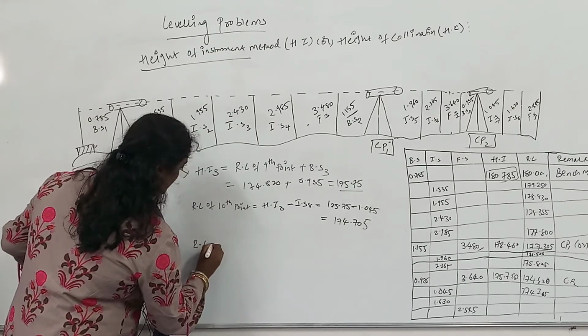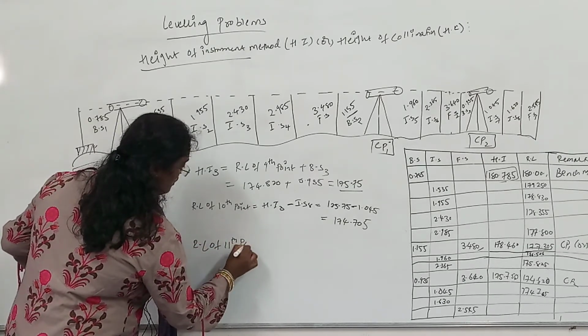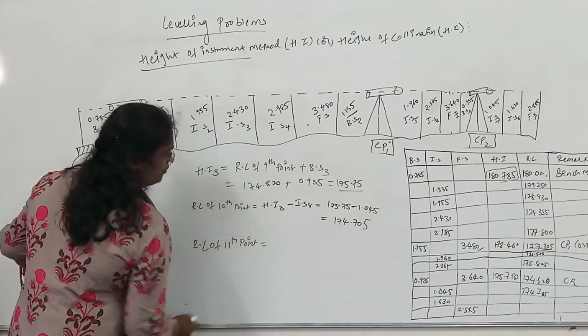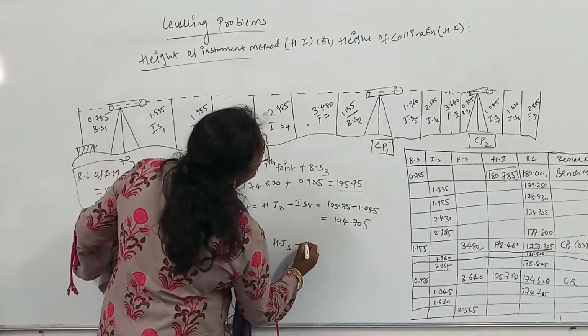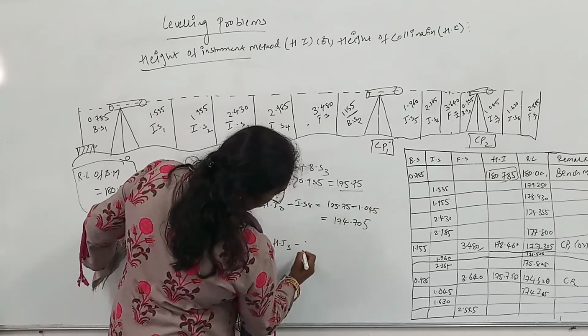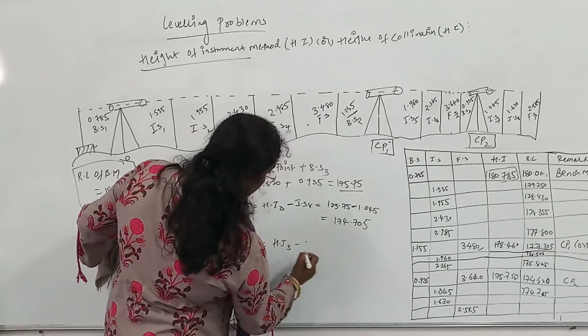Next, RL of the 11th point. How much will it be? Height of instrument 3 minus intermediate sight. Do we have intermediate sight 9?